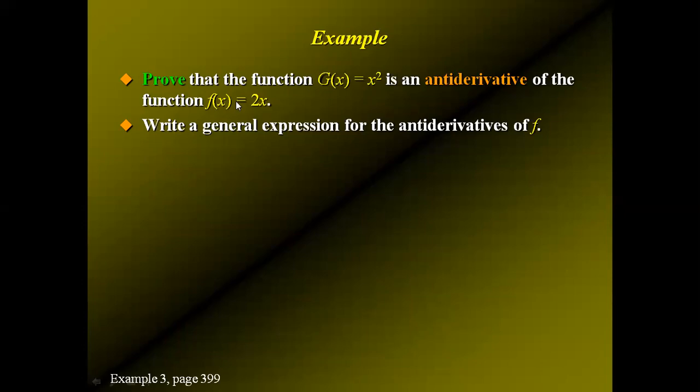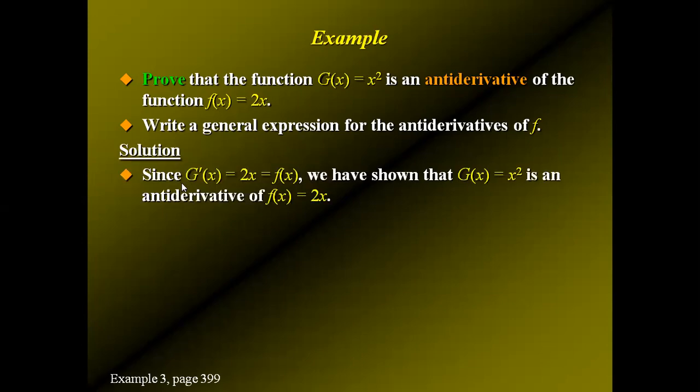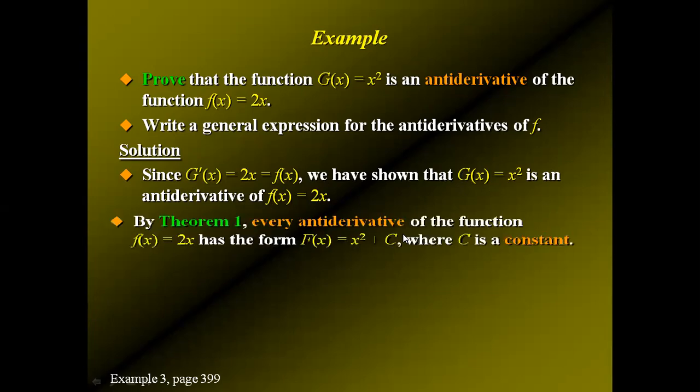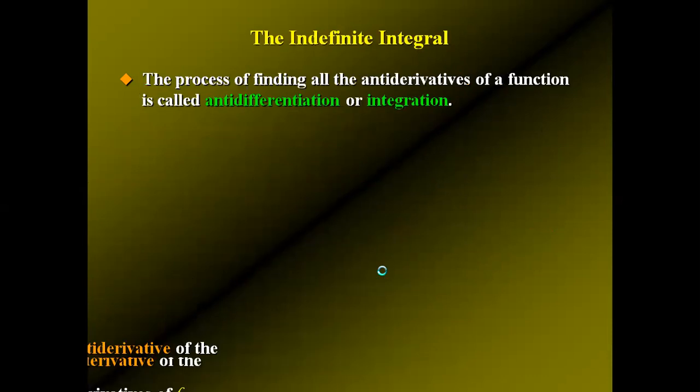Integration. Remember it. Antiderivative means integration. So x square is the integration of twice x. Differentiation of G of x will be twice x, and this equals twice x. So we have shown that G of x equals x square is an antiderivative of f of x equals twice x. Okay.